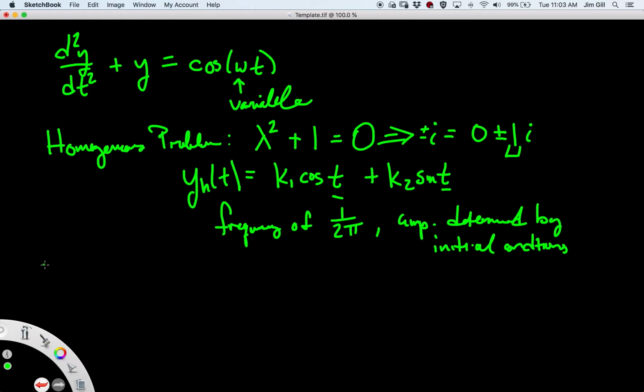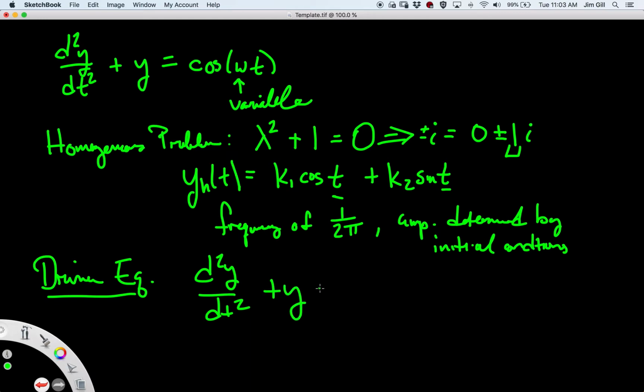So going back to the driven equation, we are looking to solve d squared y dt squared plus y equals, now we're not going to solve equal to cosine of omega t. We're going to solve equal to e^(i omega t).